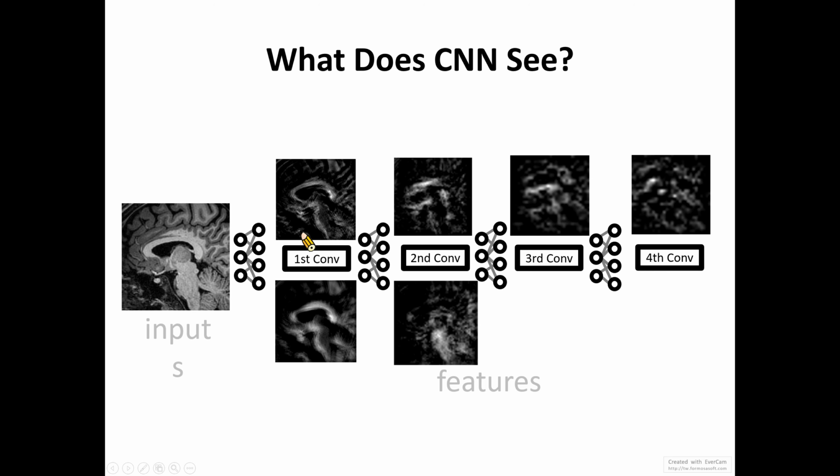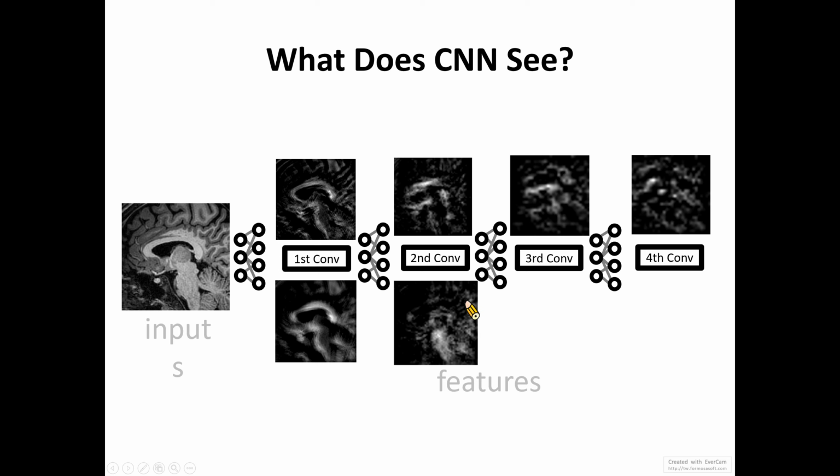For this one, I show you that, for example, if we use 4 convolutional layers in our model, then we can visualize each layer to see the feature maps derived from the original images. You can see this is the first convolutional layer, and the model definitely sees the corpus callosum and also the brainstem in our MRI images.